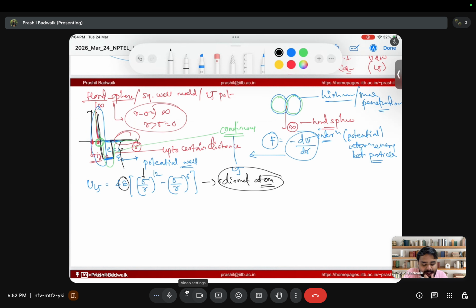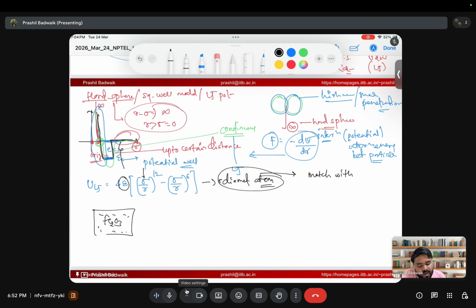Now this we need to tune and match with the properties of the system. For example, I have Fe2O3. So there will be atoms of Fe and oxygen.